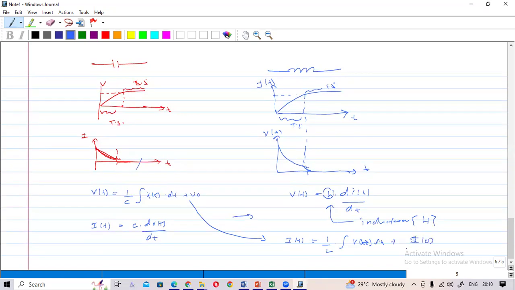So here V(t) is 1 over C integration of i(t) dt plus V naught. Here i(t) is 1 over L integration of V(t) dt plus I naught.